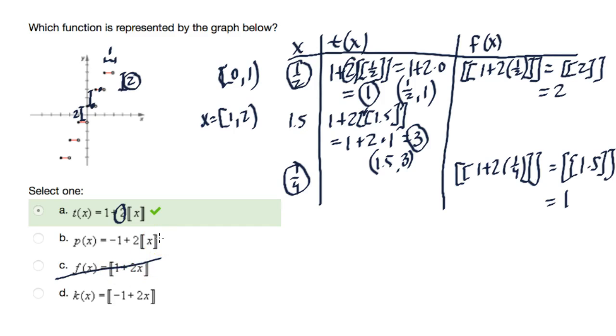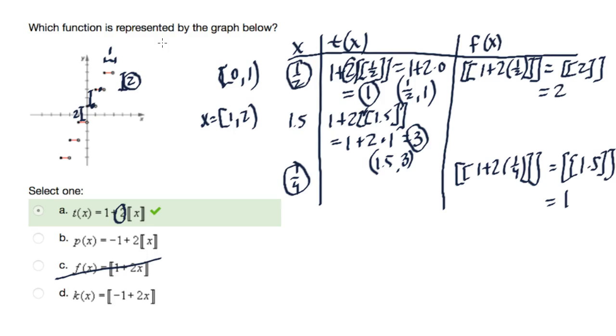When you have other things going on inside this interval, especially multiplication, the width of each of these steps is not going to be 1. So multiplying inside of the brackets, or the greatest integer function, will mess with the width of your steps.